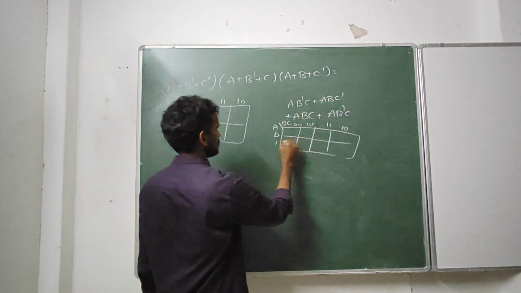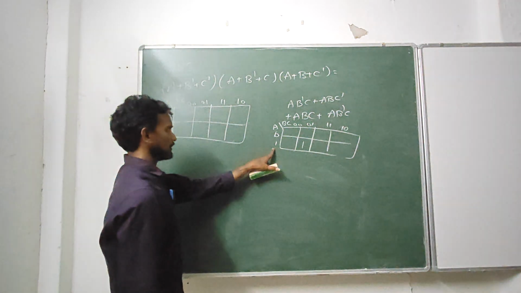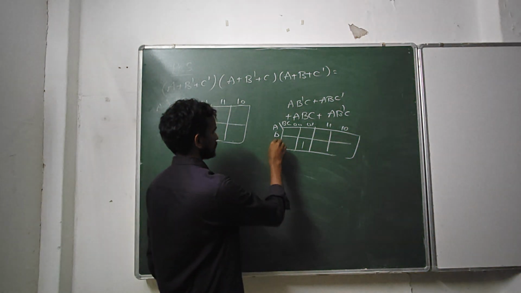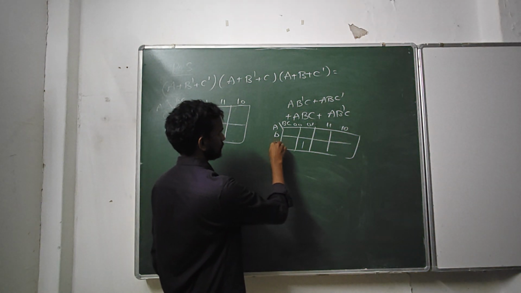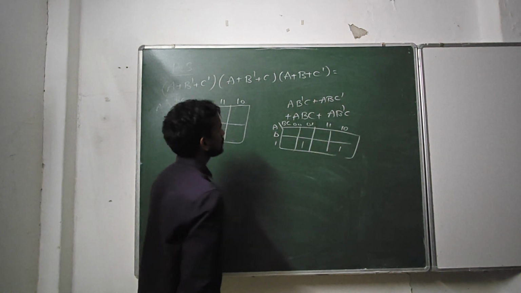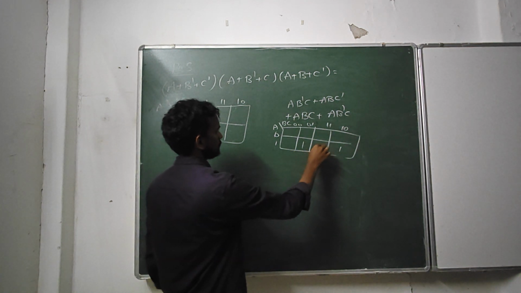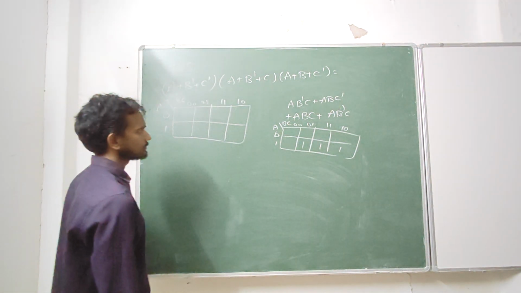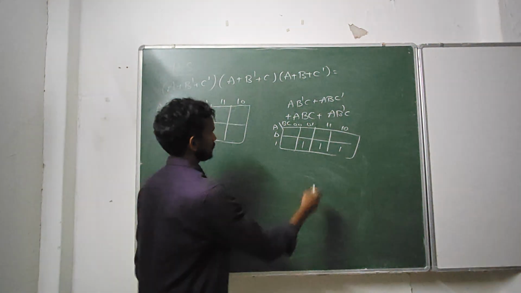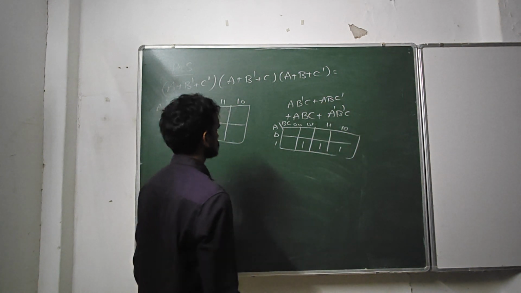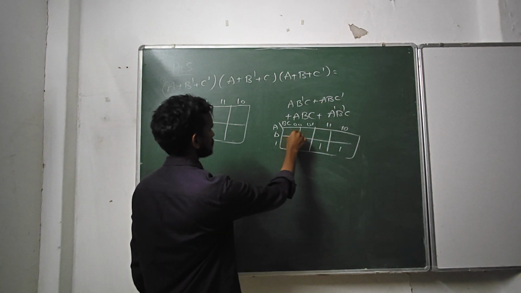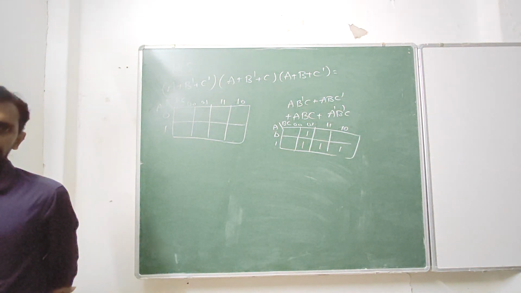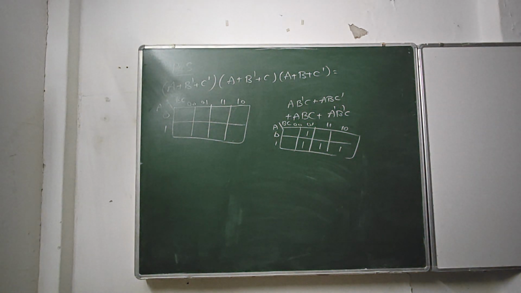A b bar c is this. Then a b c bar. A b c. A b bar c. Okay. Let's say a bar b bar c. The table will come out like that.